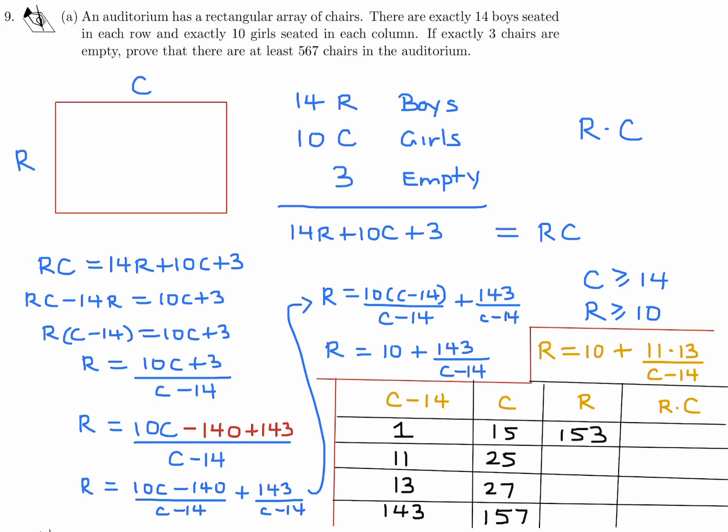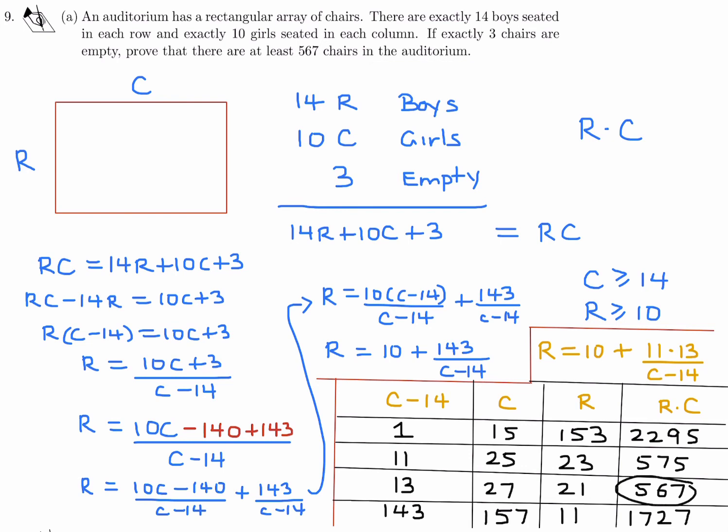You get 153, you get 23 for this, 21, and 11. And now finally R times C, you get 2295, 575, 567, and 1727. So as you can clearly see, there are at least 567 chairs in the auditorium.